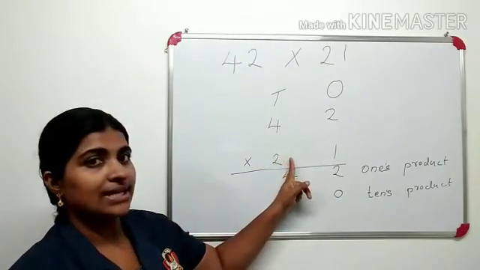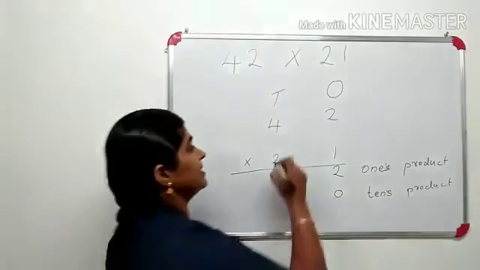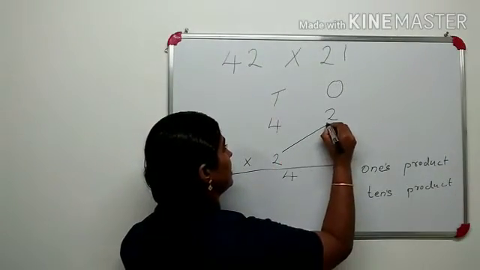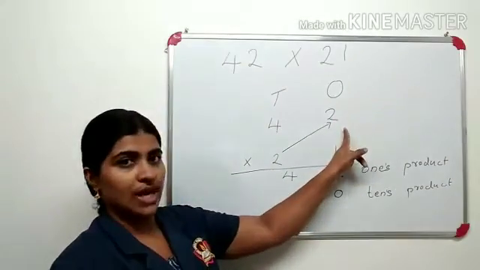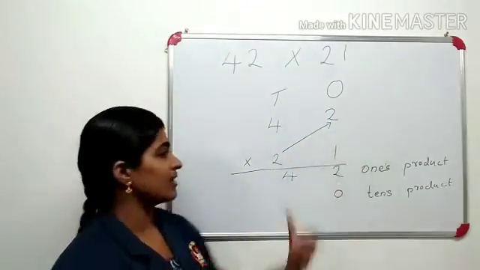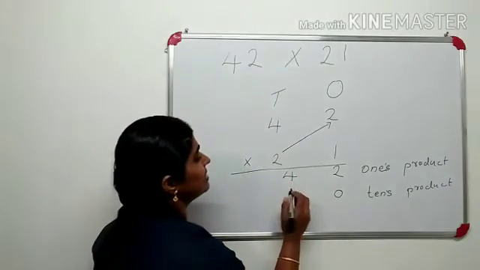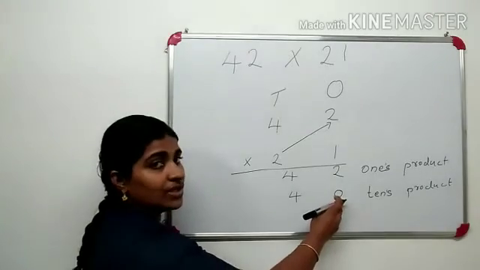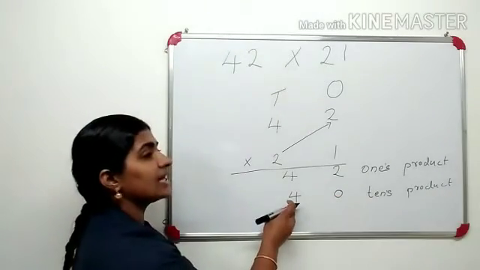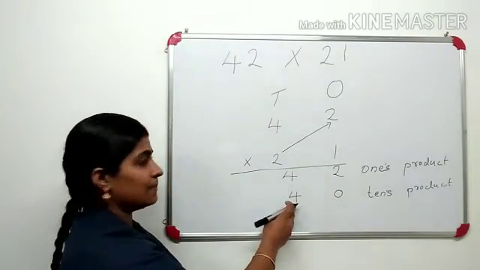So we are starting our multiplication with the tens digit. We multiply the tens digit by 42. 2 2s are 4 and we are writing that product in tens place. We have already put a 0 in ones place, so we are starting our answer from tens place.